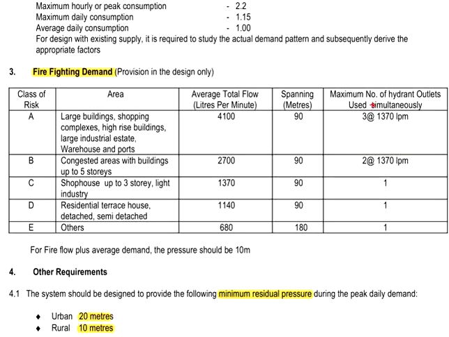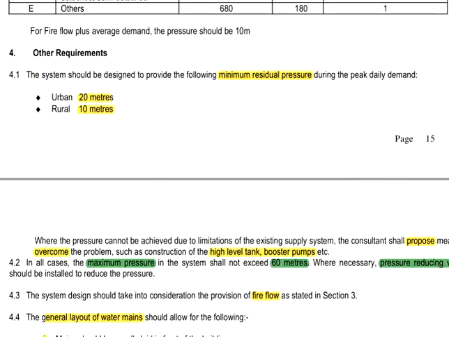Each will have the average flow rate of 1,370 liters per minute. Next, we look at the other requirements. The minimum pressures in the water reticulation system during the peak daily demand. For urban area, it will be 20 meters. As for the rural area, it will be 10 meters.